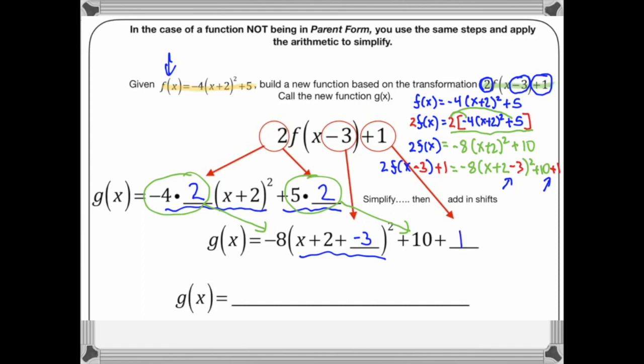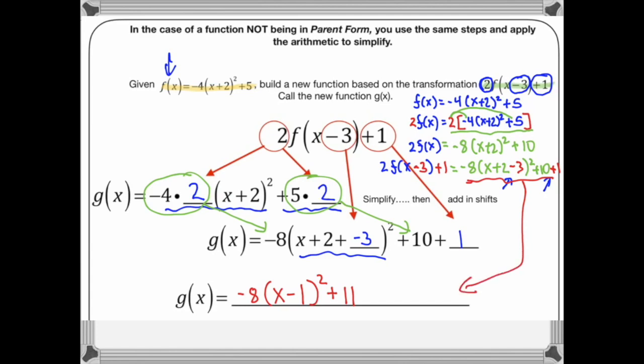At the end of the day, when I clean everything up, I'm going to get the following. g of x is going to equal, bring down this part, the negative 8 times x, so I have positive 2 minus 3, which gives me a negative 1 squared, and then plus 11. You can see when I clean this part up as well, it is going to match that.